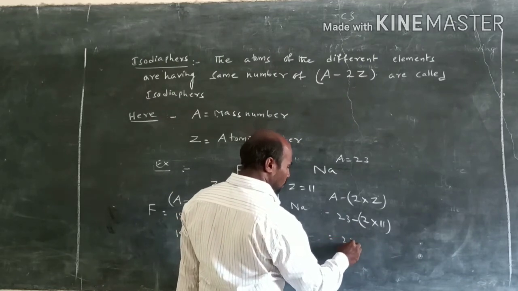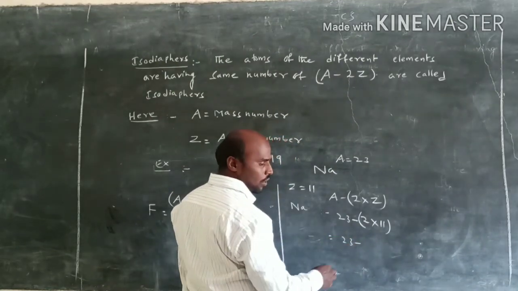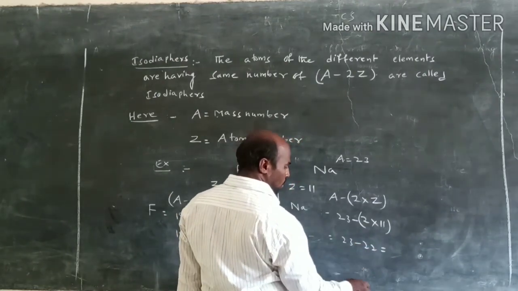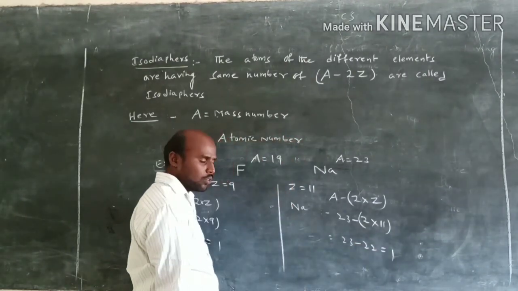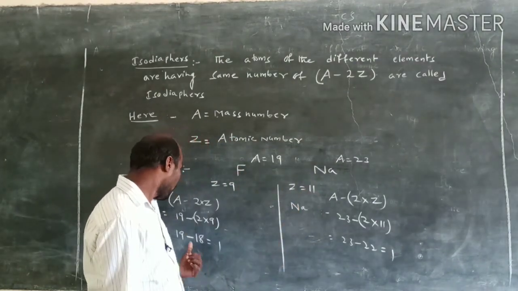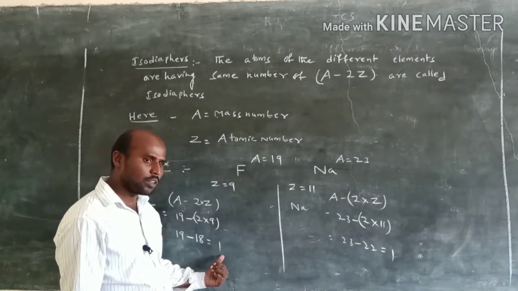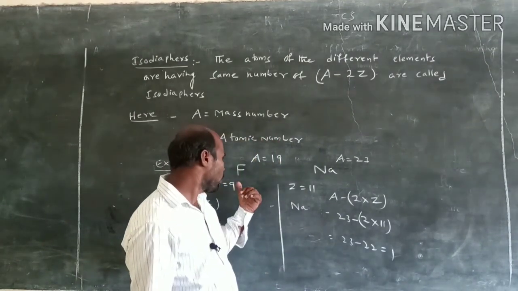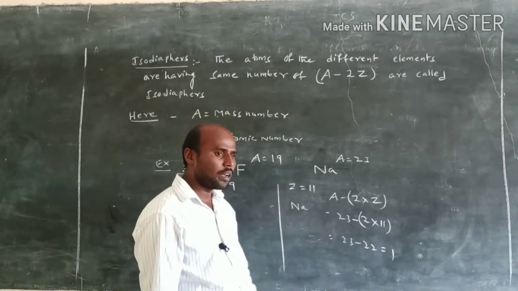So 23 minus 22 is equal to 1. So fluorine and sodium are having the same number of A minus 2Z. Here 1, here also 1. So both fluorine and sodium are isodiaphers.